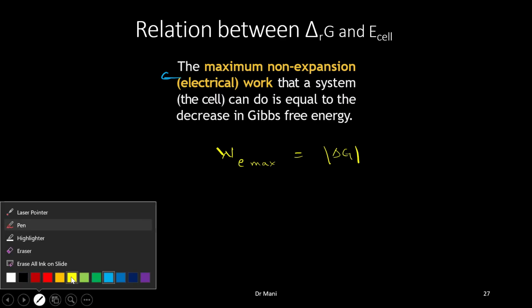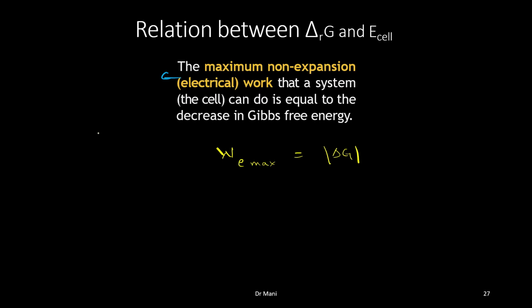When we talk about a cell, it can produce electric work, and that work is non-expansion because it doesn't involve any change in volume. Suppose you take a battery and use it, the volume doesn't change. Every cell has a maximum limit on how much electric work it can do.